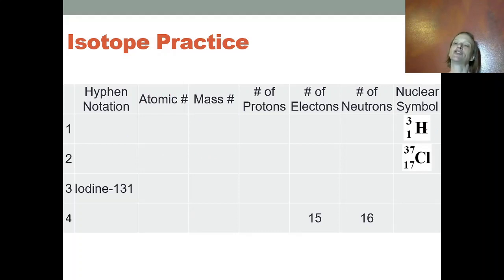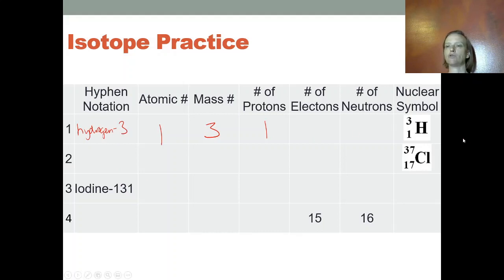If we have hydrogen with a mass number of 3 and an atomic number of 1, that means that hydrogen has 1 proton. The way I would write it in hyphen notation is hydrogen-3. How many electrons do I have?